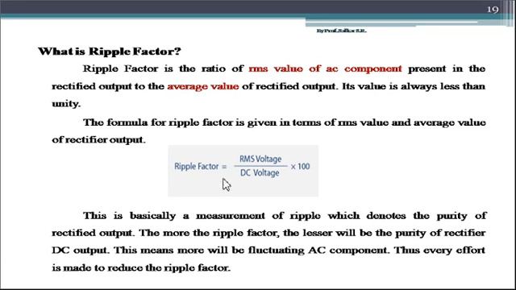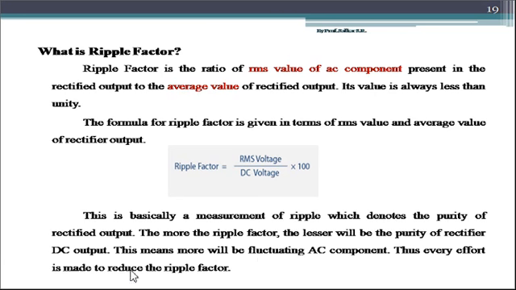If that ripple factor is more, it indicates that our output of rectifier is less pure. This means there will be more fluctuating AC component present at the output of rectifier.